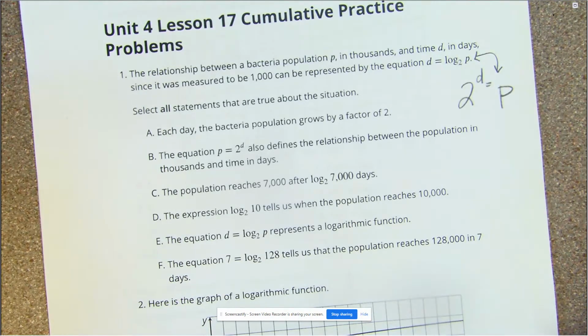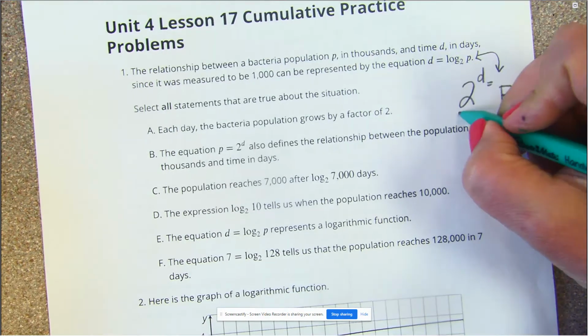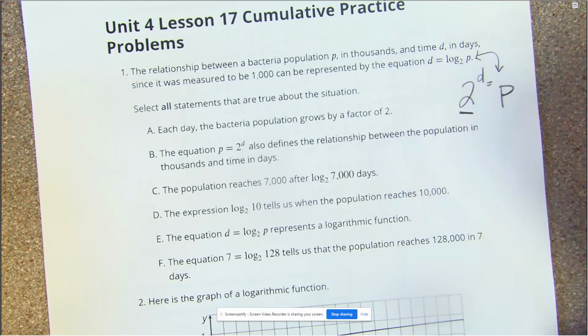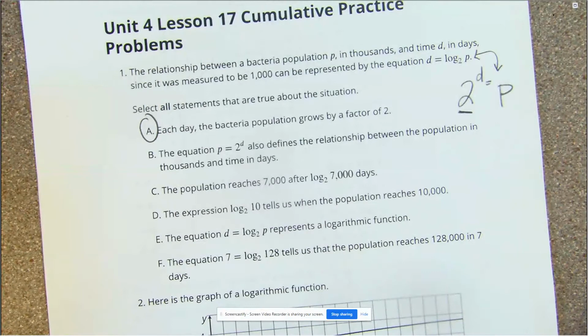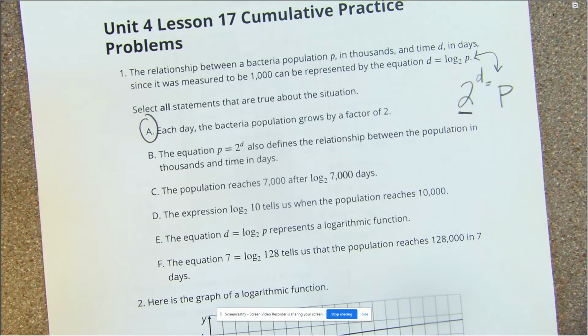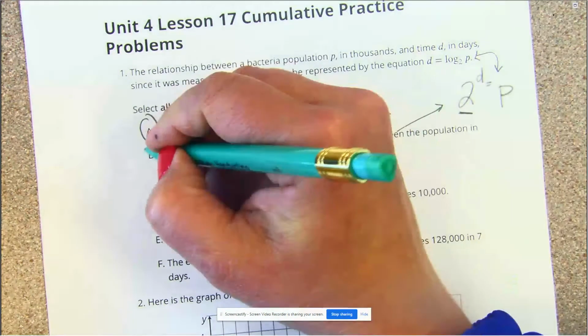So here we go. A says each day the bacteria population grows by a factor of 2. There's your base. That means I'm multiplying by 2 every day. Yes. B, the equation p equals 2 to the d also defines the relationship between the population in thousands and time in days. Yes, we had already done that.